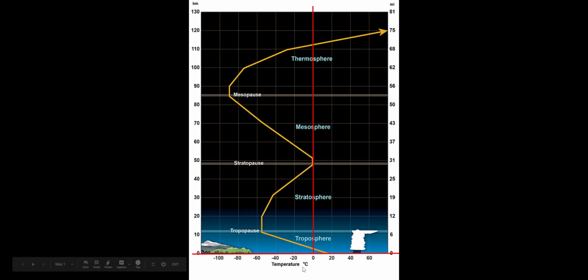And if you know anything about graphs, especially y and x axes and positive and negative numbers, everything above the x-axis is positive. Everything to the right of the y-axis is positive. And if you thought of this in quadrants, there's a quadrant here, one down here, one down here. In this case, all the numbers would be positive. As you move to the right, these temperature numbers are positive and they get larger.